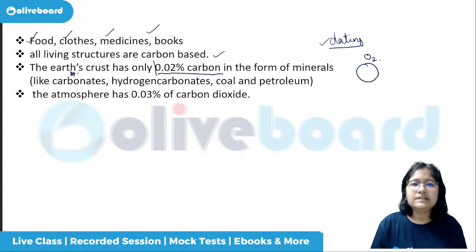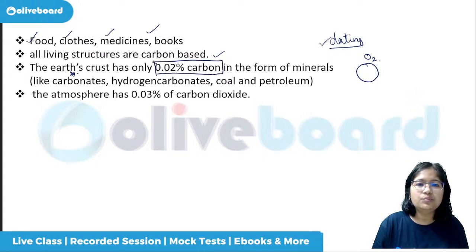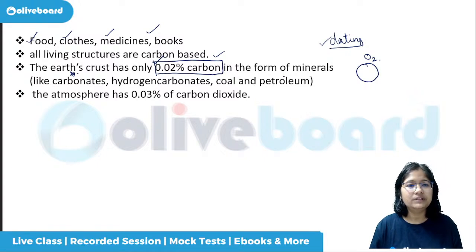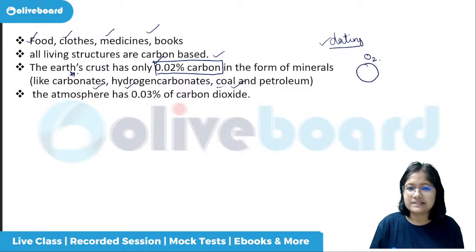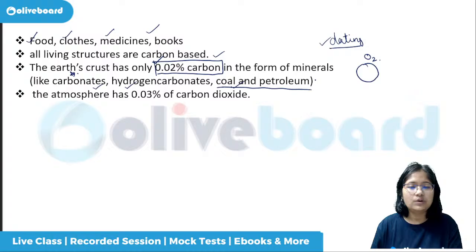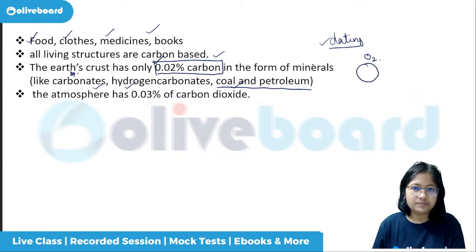There is only 0.02% carbon, that too in the form of minerals, in the form of carbonates, hydrogen carbonates, coal, petroleum, etc. I told you there is a separate chapter also for coal and petroleum, where we will also study how combustion of carbon happens. So that we will study in that chapter.